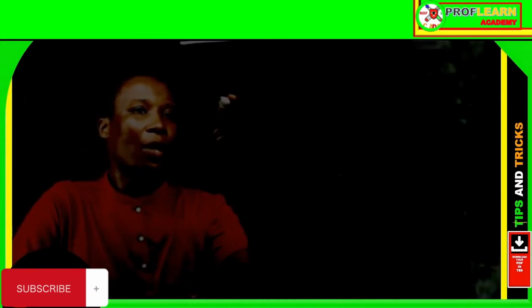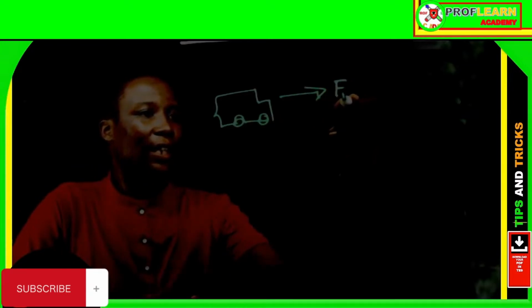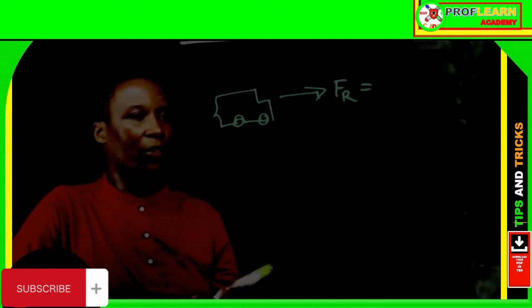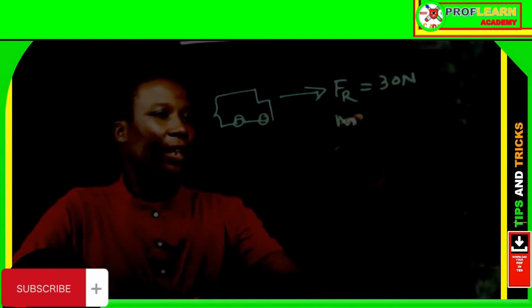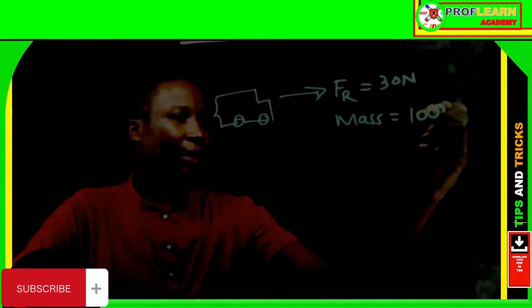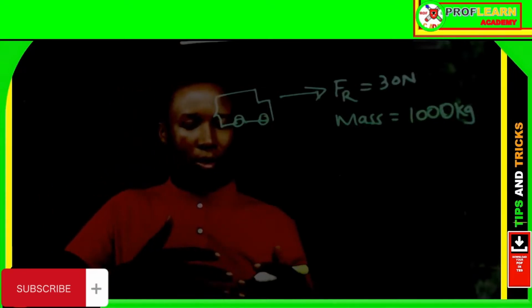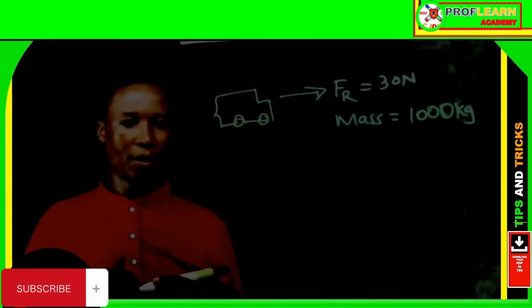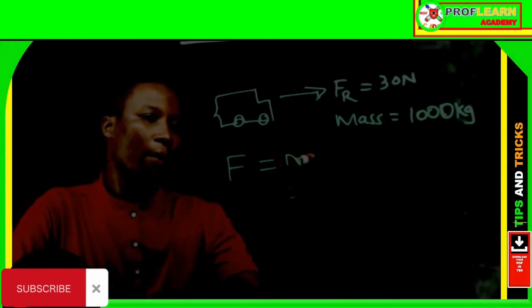Now, suppose you are given that information about this object moving forward, and this car is moving with a resultant force of 30 Newton. If this car has a mass of 1000 kilograms, we can work out the acceleration of this car using the relationship force equals mass times acceleration.